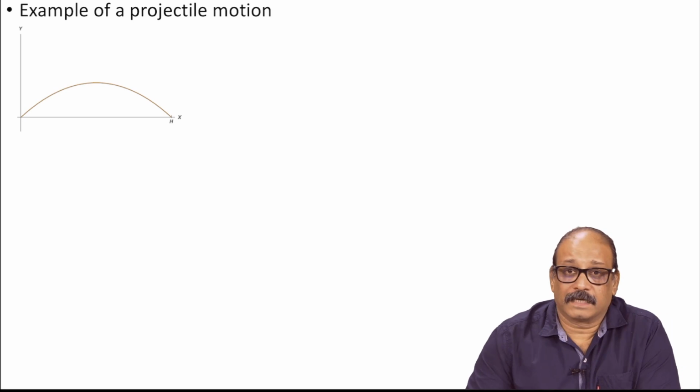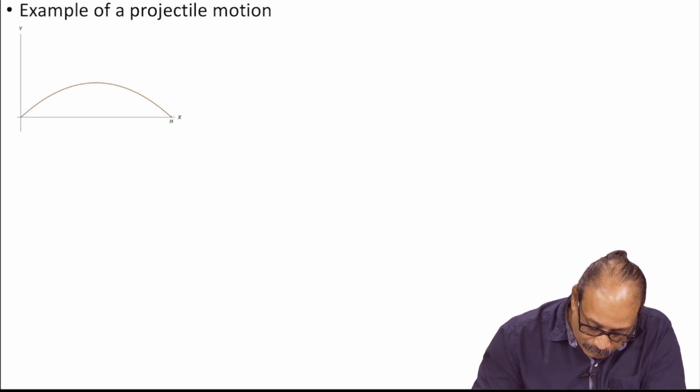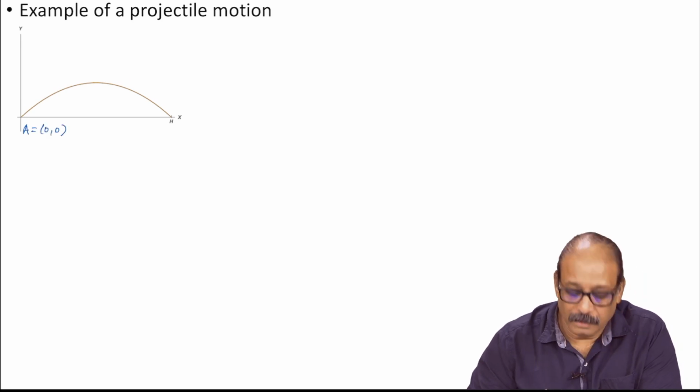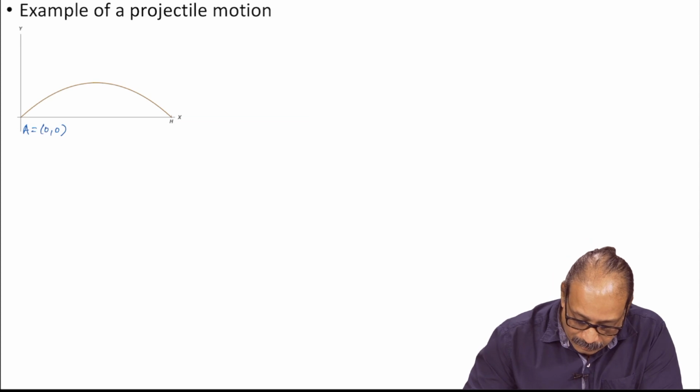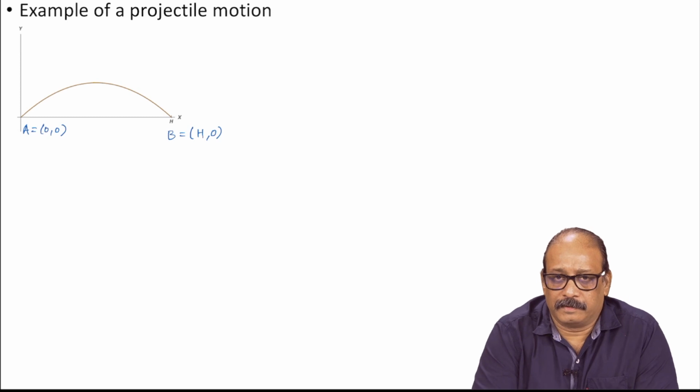Now, in this projectile motion, a particle is thrown from point A whose coordinates are 0, 0 to the point B here, whose coordinates are h, 0. Okay. And now I want to pose this problem slightly differently.